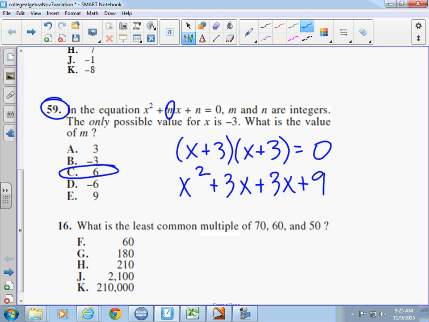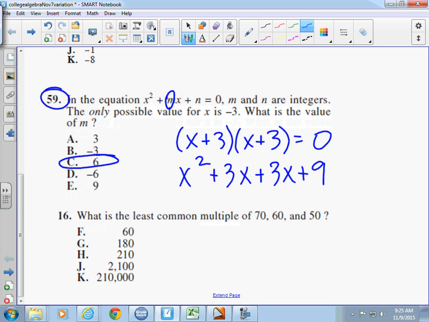What is a least common multiple? The smallest number that they all go into, right? Okay, so let's just start going through them. Does 70 go into 60? Does 70 or 50 go into 180?